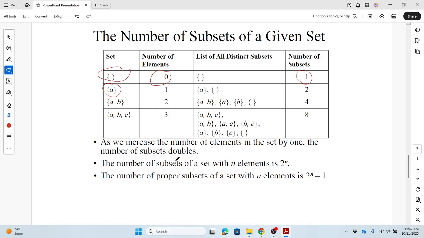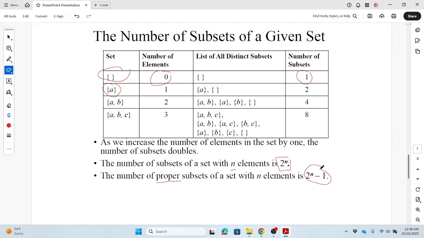So if you have n elements, the total number of possible subsets is 2 to the power n. If you are just talking about proper subsets, because the set itself is a subset, you have to subtract 1 from that.